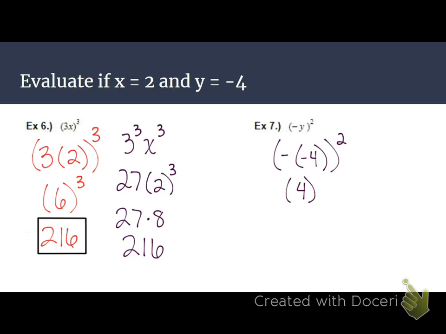Positive 4, and +4 squared is 16. If you were to do this the other way, if you square a negative, it is going to end up being positive y squared. And then in there we would plug in a -4. -4 times -4 is still positive 16. So either way you do it, substitute first or simplify first, you get the same answer.